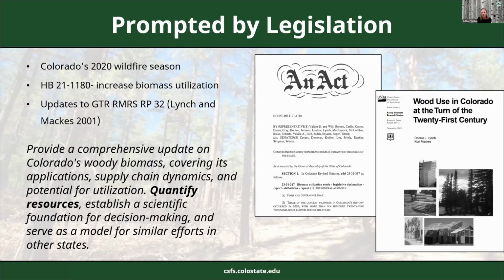So in response, in 2021, the Colorado legislature passed a House bill that focused on increasing biomass utilization across the state. And a key piece to this effort involved updating a GTR that was published in 2001 by Dennis Lynch and Kurt Mackes called Wood Use in Colorado at the Turn of the 21st Century. It hasn't been updated until now.